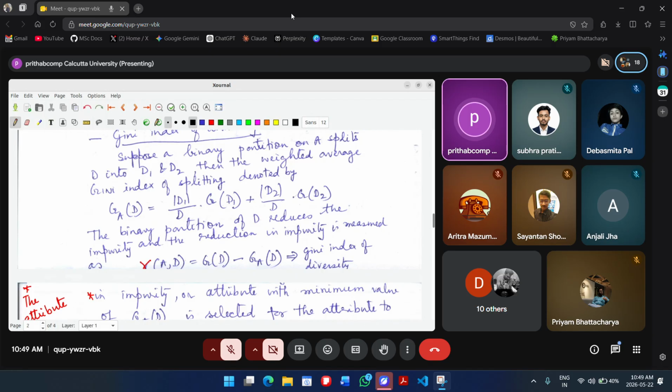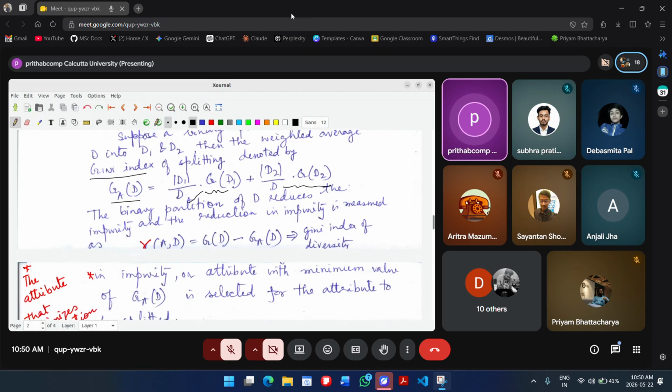Then what we take is the weighted average Gini index of splitting on attribute A, the Gini index on D. Since it is a weighted average, it is the number of elements in D1 divided by the total number in D, times the Gini index of D1. And similarly for D2 it is exactly the same. This is for one partition and this part is for the other partition.